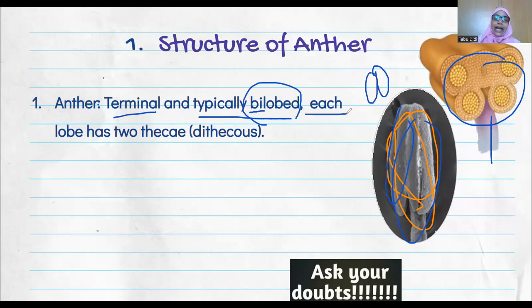Again, each lobe will have two thecae in it. So if it is bilobed on the outside, internally each lobe has two more sections. In all, you will have four sections in a particular anther.